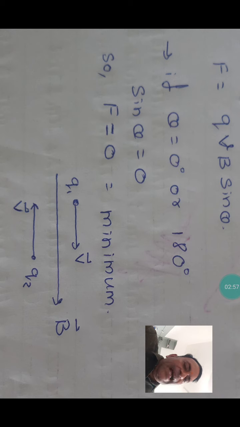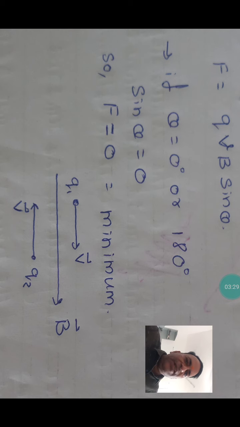And if theta equals 180, that means the direction of velocity and the direction of magnetic field are mutually opposite. In the diagram you can see Q1 is moving with velocity V in the direction of magnetic field B, and Q2 is moving with velocity V opposite to the direction of the magnetic field. So for charge Q1, theta is equal to 0, and for charge Q2, theta is equal to 180.